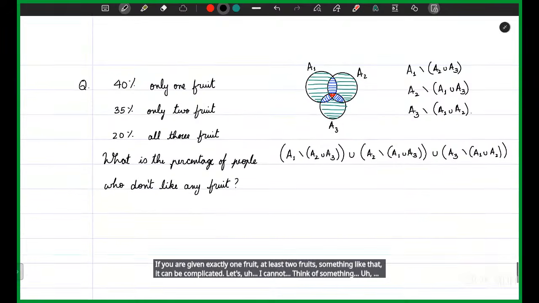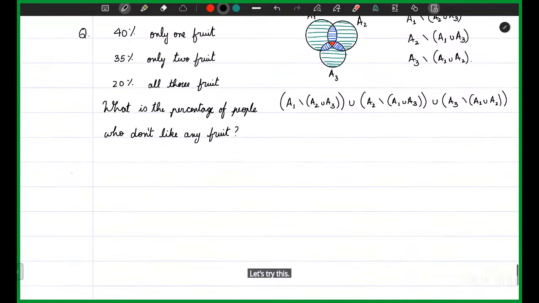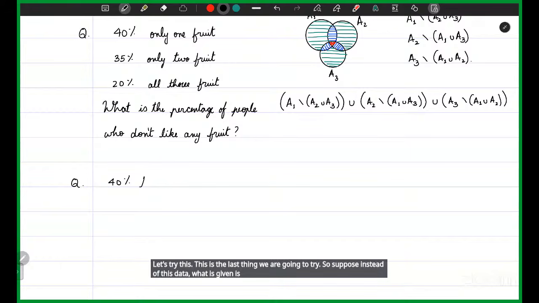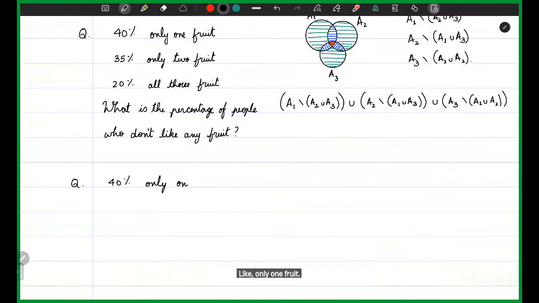Okay, let's try this. This is the last thing we are going to try. Suppose instead of this data, what is given is 40% like only one fruit, and you have 55% like at least two fruits, which is essentially the same question.